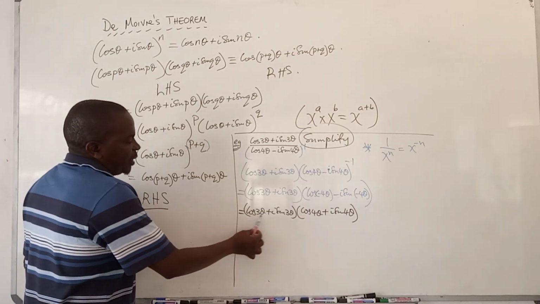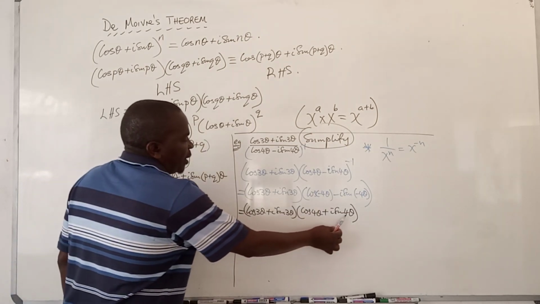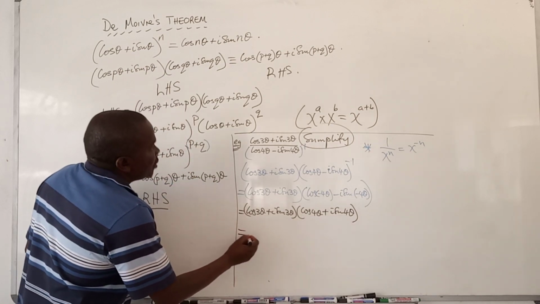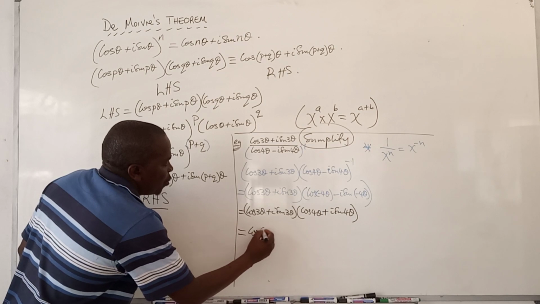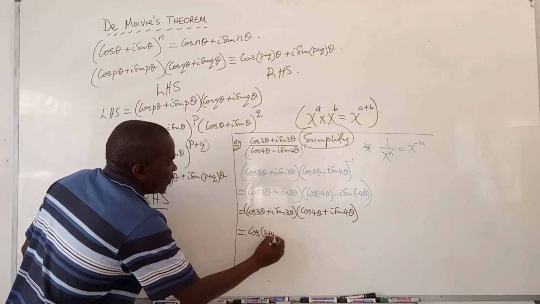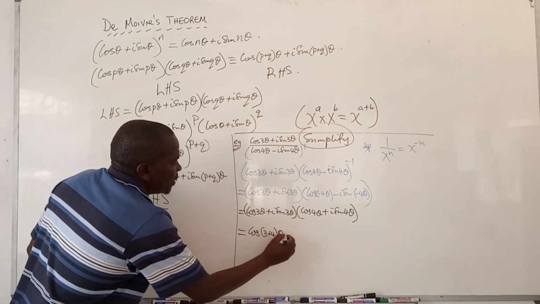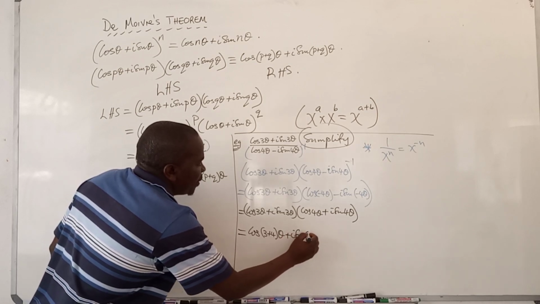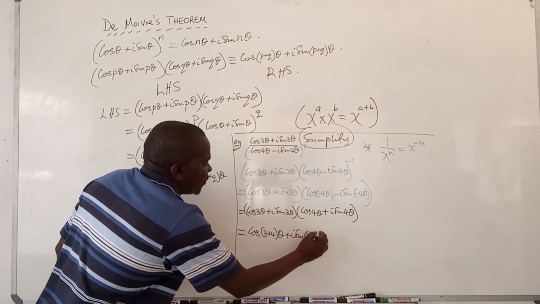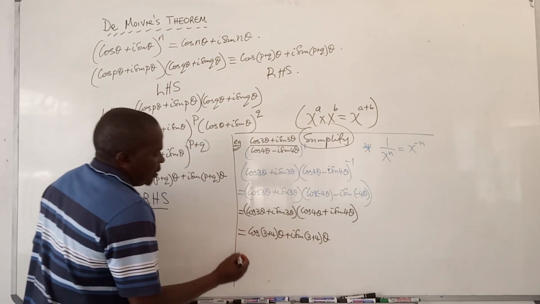We've got 3 and a 3. We've got a 4 and a 4. So according to this proof here, this will reduce to cos of 3 plus 4 multiplied by theta plus i sine of 3 plus 4 multiplied by theta.